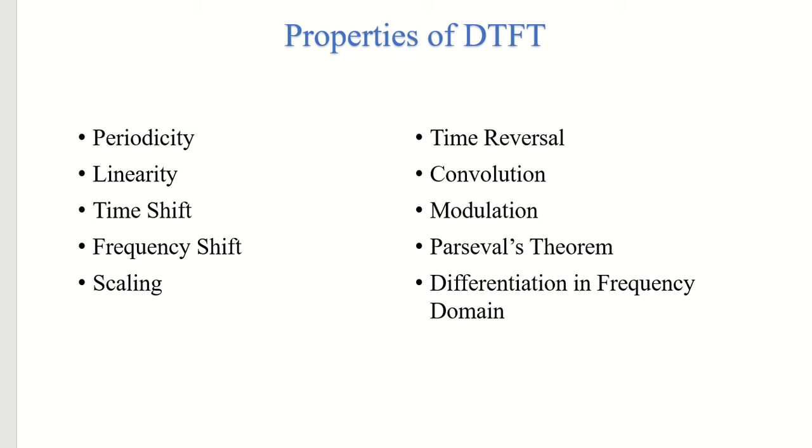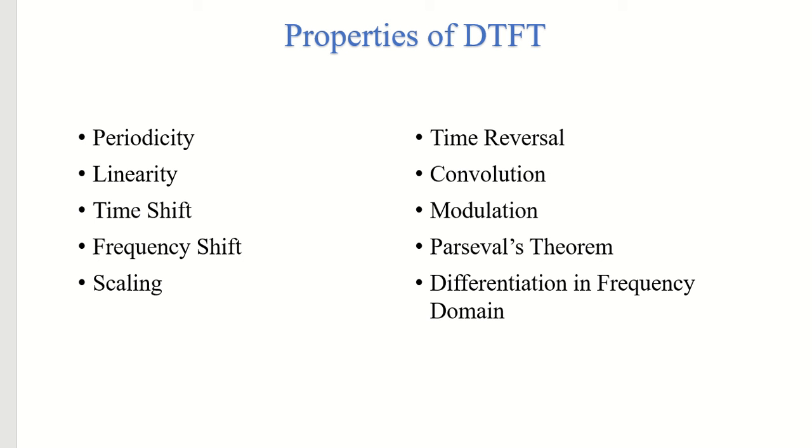Whenever you multiply your signal by n in the time domain and take the discrete time Fourier transform, you will get j times d by d omega of X of omega. So whatever your DTFT is, you have to differentiate it in the frequency domain, and that's what differentiation in frequency tells us.